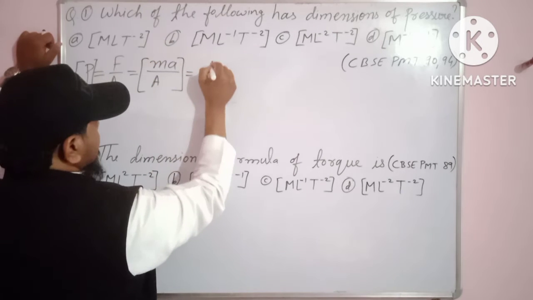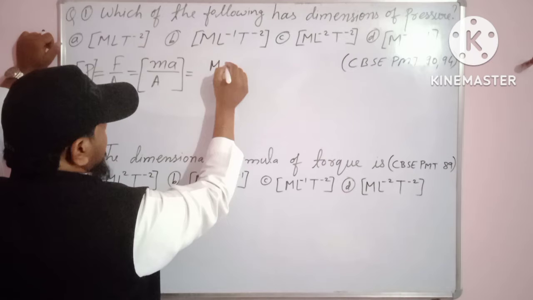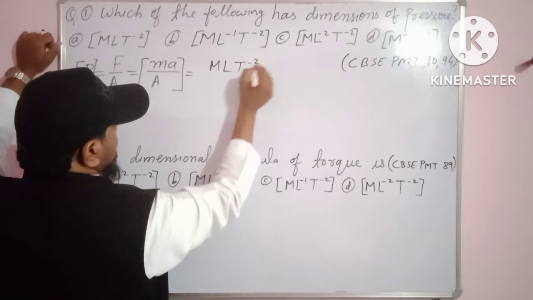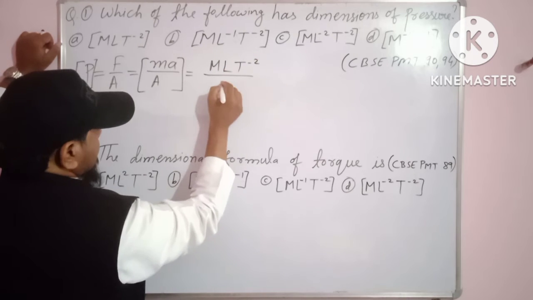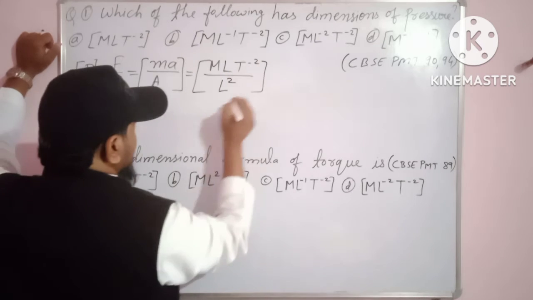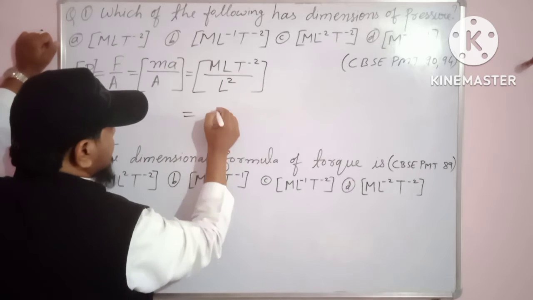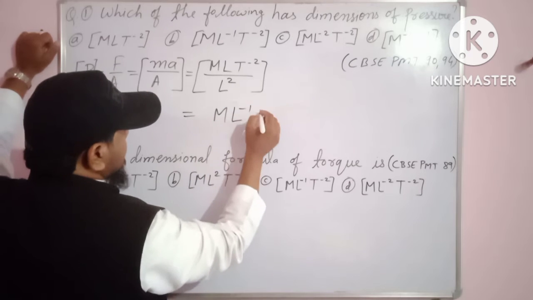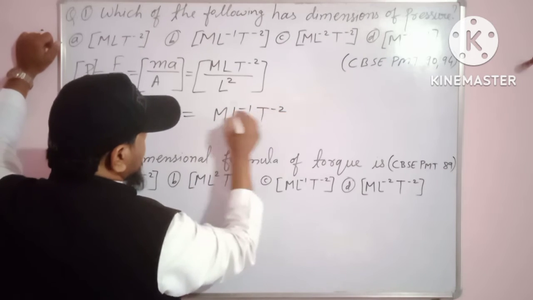Dimensions of mass is M, acceleration is L T power minus 2, and dimensions of area is L square. So what you will get? The dimensions of pressure is M L power minus 1 T power minus 2.